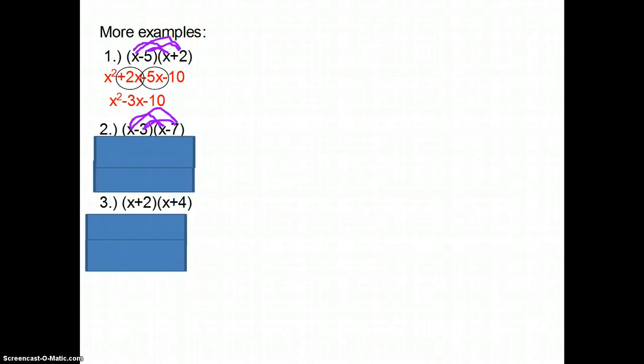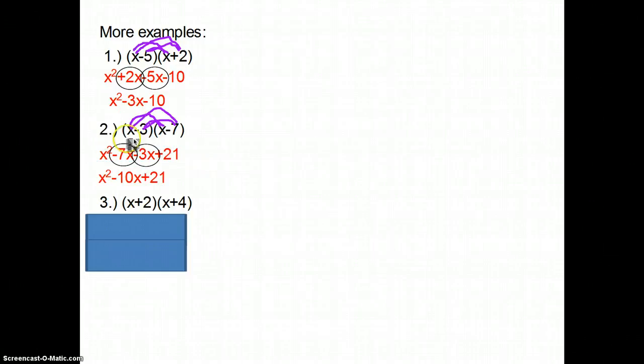Distribute, you get x squared minus 7x minus 3x plus 21. Well, again, you have a like term here and a like term here. So when you simplify it, it's x squared minus 10x plus 21.